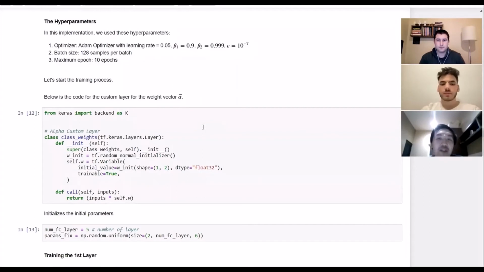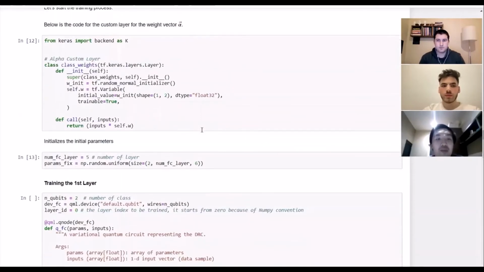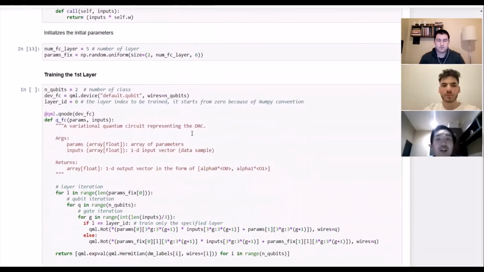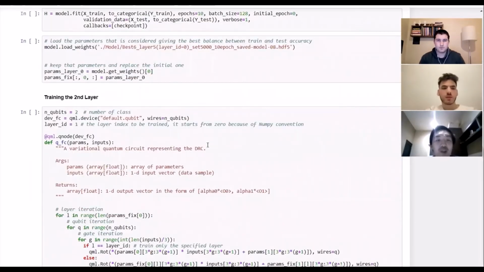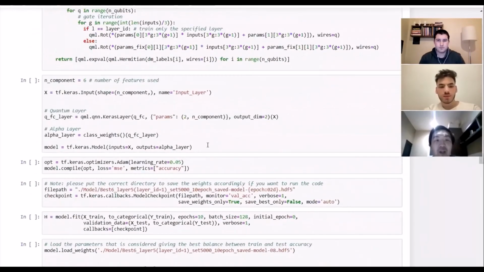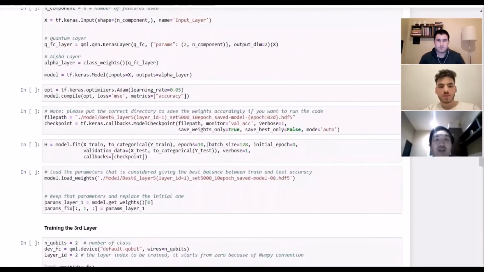And then after the first layer is finished, we train the second layer and we freeze the other parameters. We repeat the process until we train all the layers. And then the difference is we do a last training, which trains all the parameters in all layers.